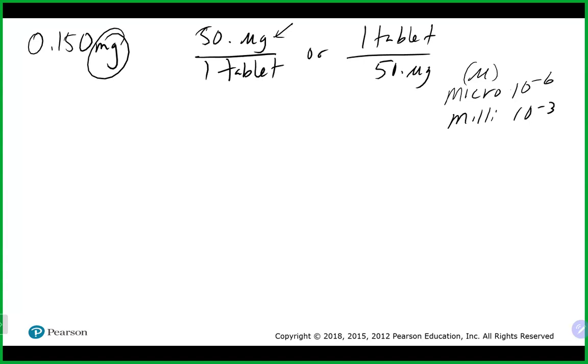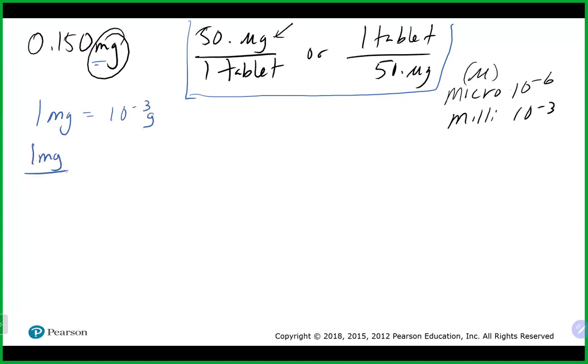So obviously in this case, in order to use our conversion factors, which were given to us in the problem, we do need to get this into the same unit so everything cancels out correctly. So we want to get into micro and milli. Once again, in 1 milligram, there would be 10 to the minus 3 grams, which gives us an option of these two conversion factors to use.